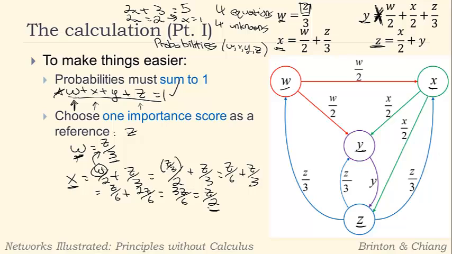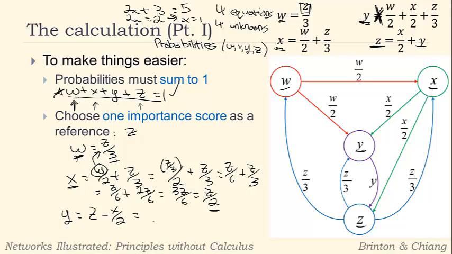Now we can move on to y. So rather than using, again, this equation where we'd have to plug in everything for w and then x, why don't we just work with this equation down here, because we already have y on this side. We can say that y is equal to z minus x over 2, so we just subtract x over 2 from both sides.